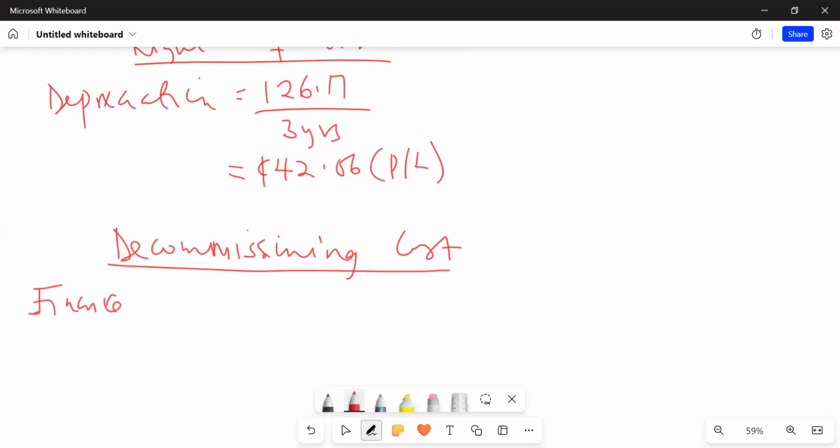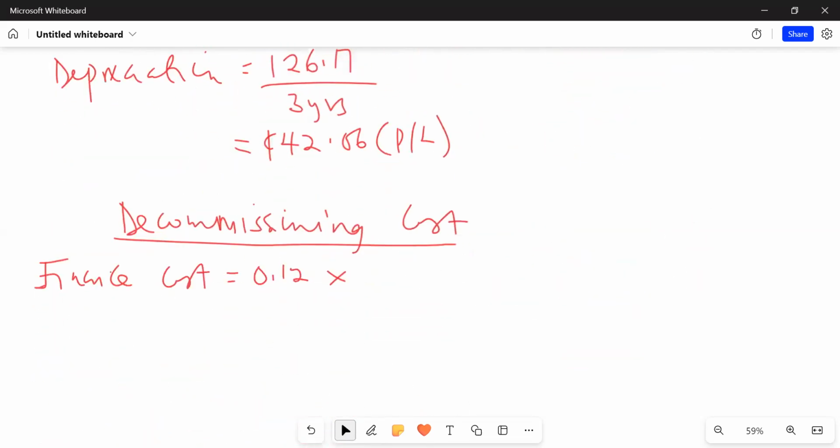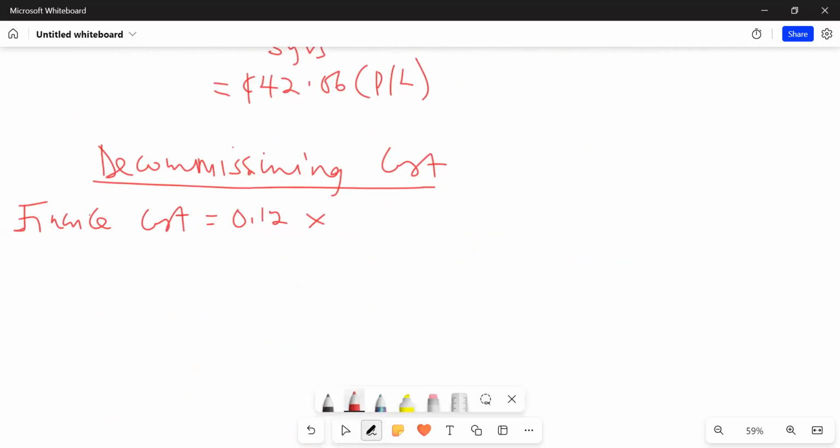This must be unwound. So finance cost will be the discount rate of 12%, 1.12 times the initial amount we added there, which is 2.85.